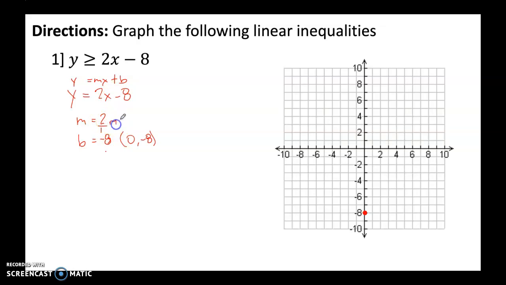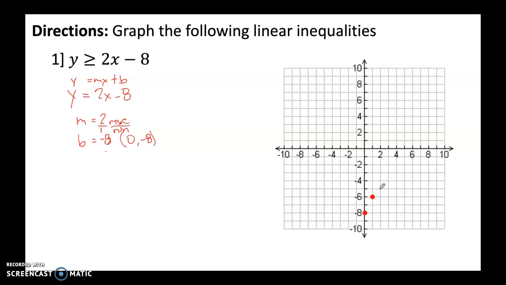So we have rise over run. Meaning, from (0, negative 8), we need 2 steps upward, 1, 2, and 1 unit to the right. So the second point is at (1, negative 6).